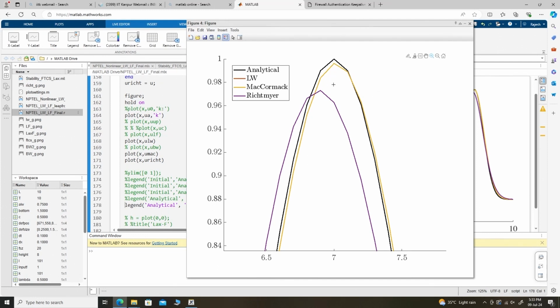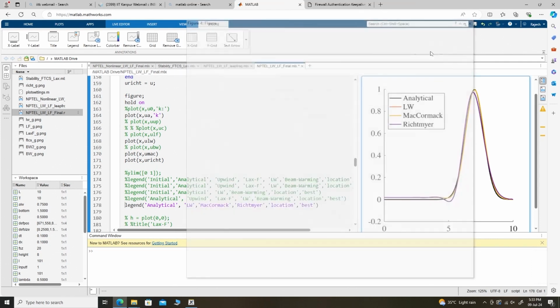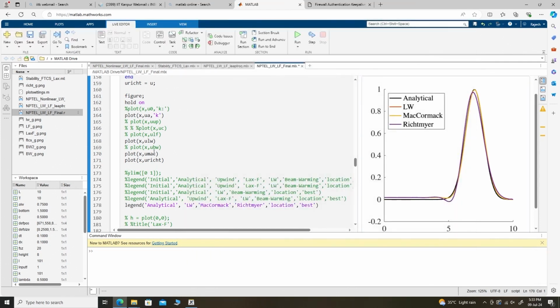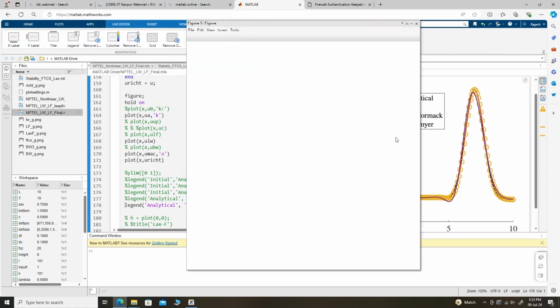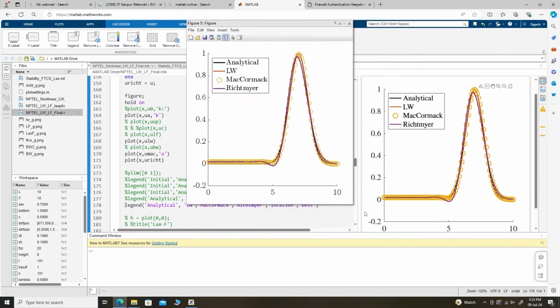For the linear problem, the Lax-Wendroff and the MacCormack are exactly the same, so that is why you are not seeing anything here. If I put some markers here, you can see that it is just coming on top of the Lax-Wendroff scheme.